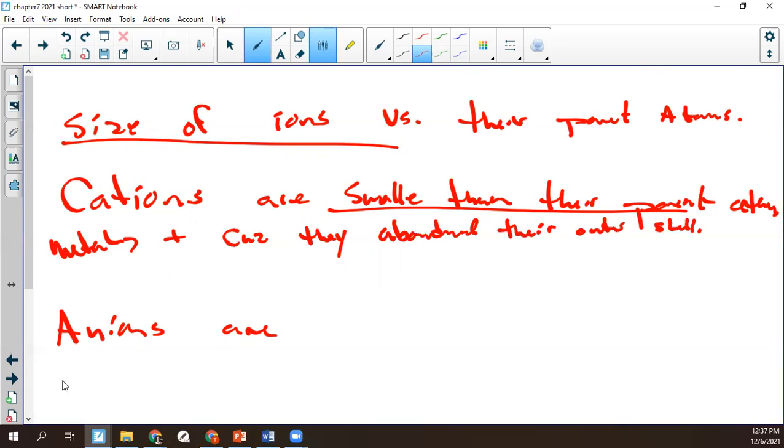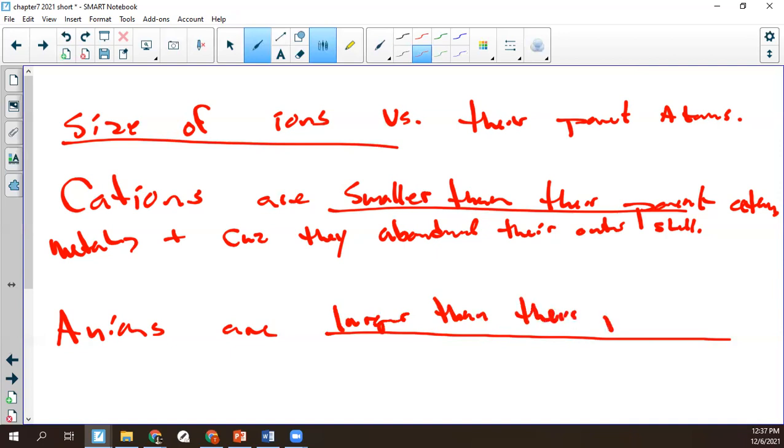All right. Now, I know that you think, oh, it's 100% the opposite for anions. And part of it is, anions are larger than their parent atoms. Whoops, I forgot an R up there, didn't I?